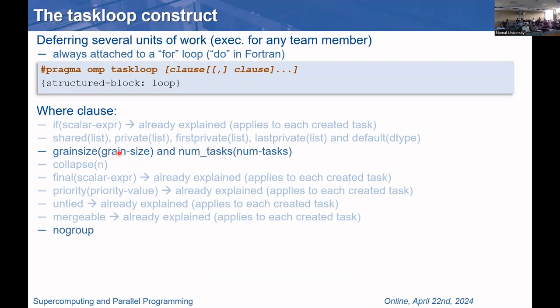So what is the grainsize? It would be the chunk size for this loop for every task, or how many tasks we want to create. It's two different ways of expressing the parallelism. We can collapse, we can do final, priority, untied, and mergeable. And we can also do nogroup, related to the taskgroup.